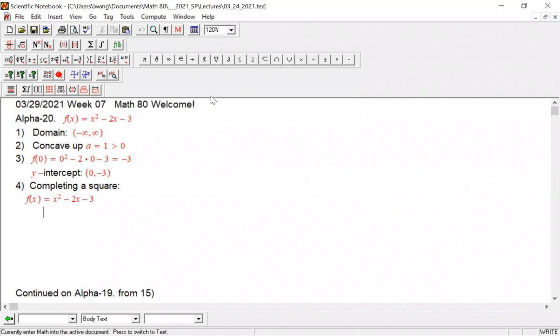How do we complete that square? x squared minus 2x minus 3. What can we do? We're going to add a 0. So what form of 0 are we going to choose? Anybody would like to contribute?